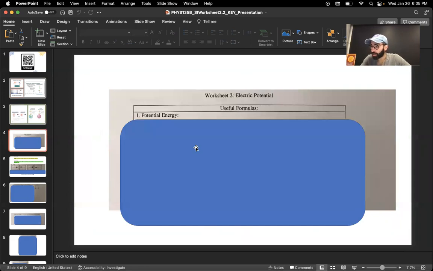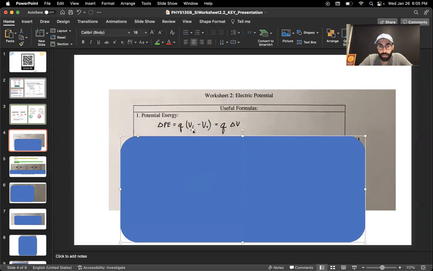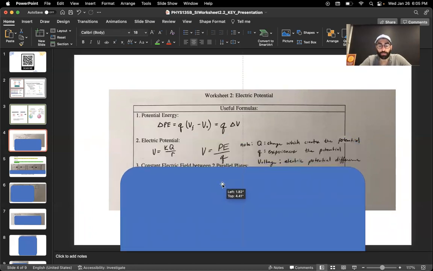And here are our equations. Let's start with this potential energy equation: delta PE equals q times final minus initial, or just delta V. Here's our electric potential equation, and here's an alternate way of expression.